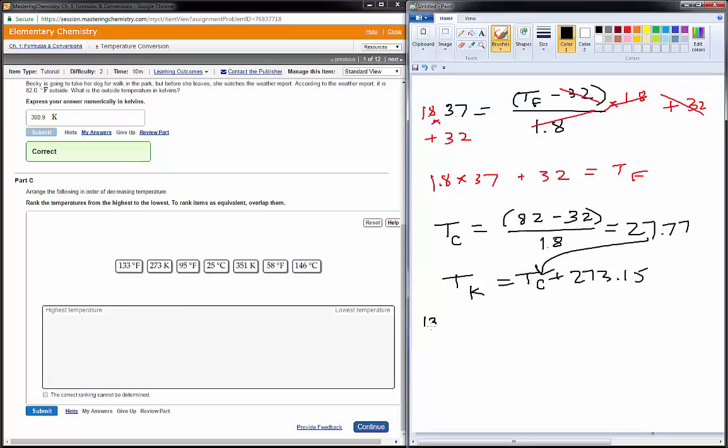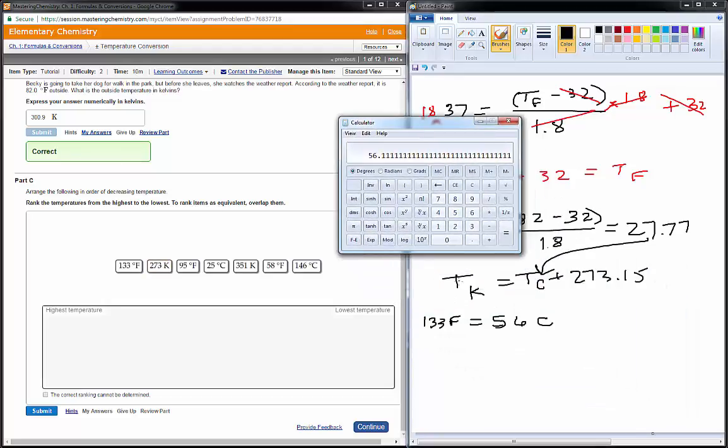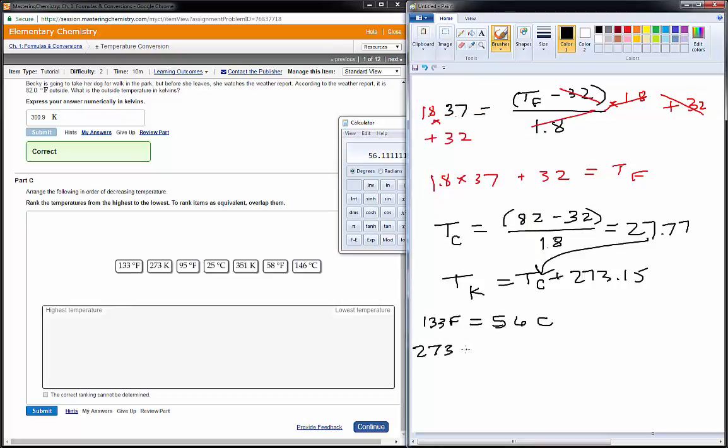So 133F equals 56 Celsius. For the next one, we have 273K, and I'm going to subtract 273.15, so that's about 0 Celsius. So 273K equals 0 Celsius.